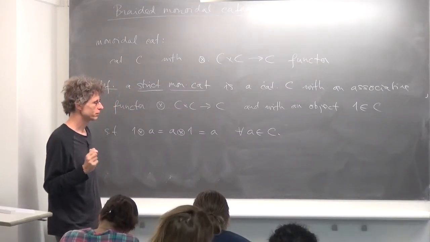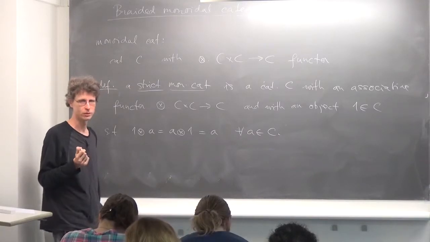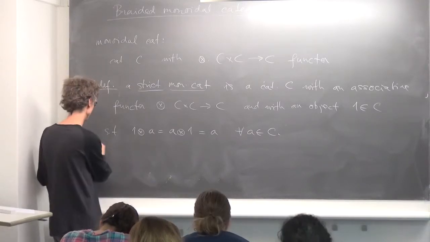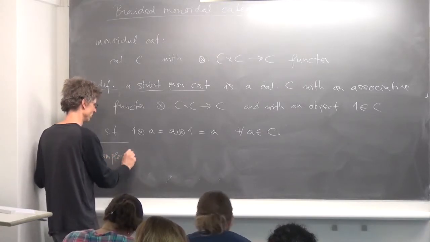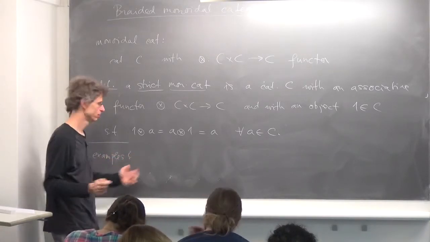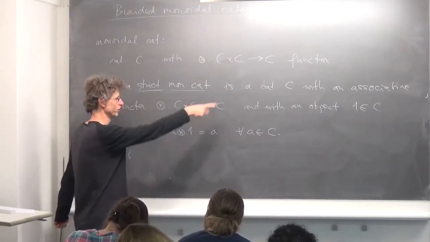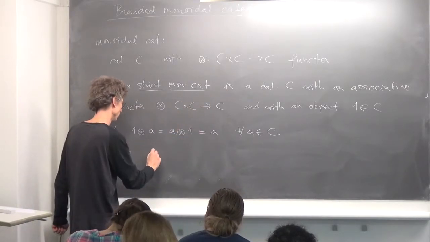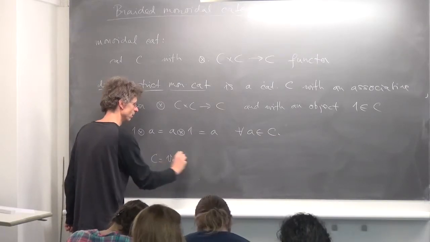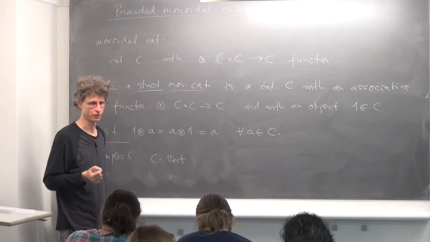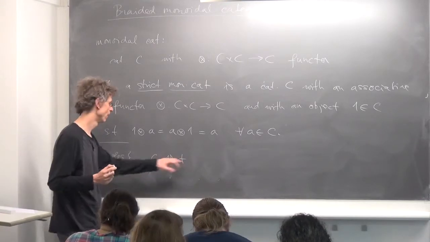Now, the problem is that those obvious examples that one would try, like the category of vector spaces over your preferred field, whichever field you want.